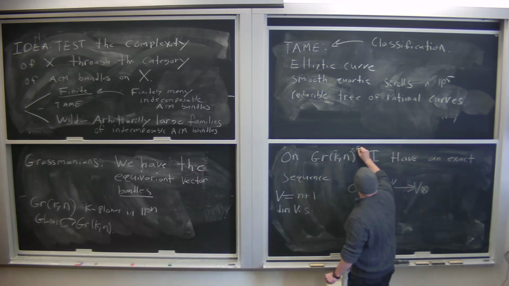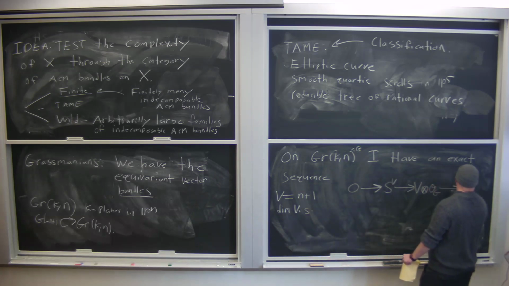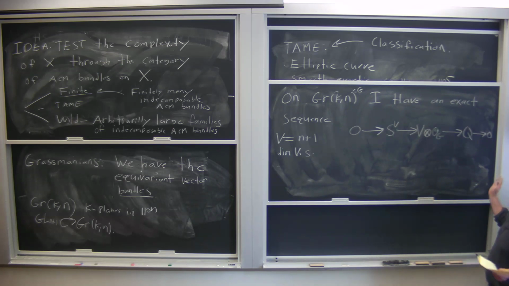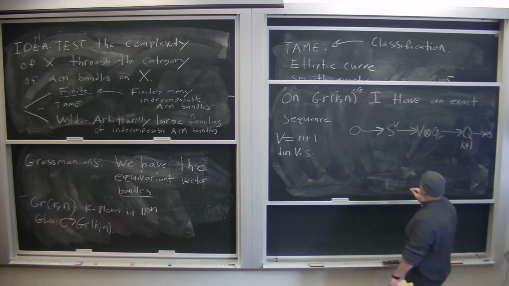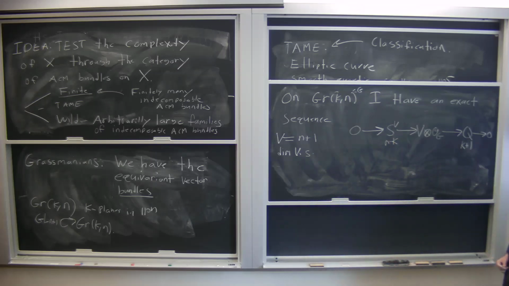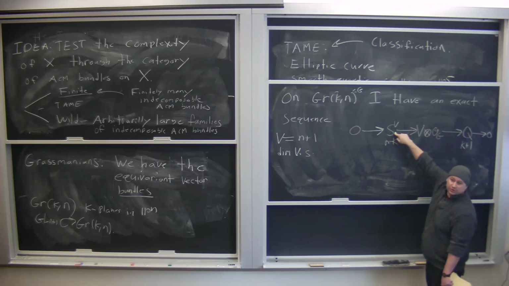I'll call this G. And I'm choosing this just because these are the notational choices that are used in the literature, where this has rank K+1 and this has rank N minus K. So really, in this notation, the dual of this is the tautological bundle, and the dual of this is the tautological quotient bundle.